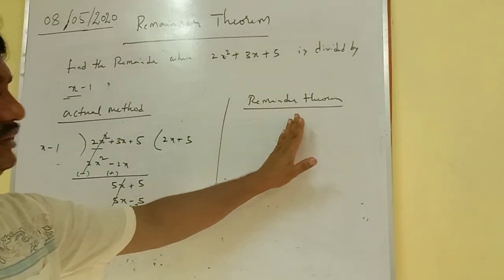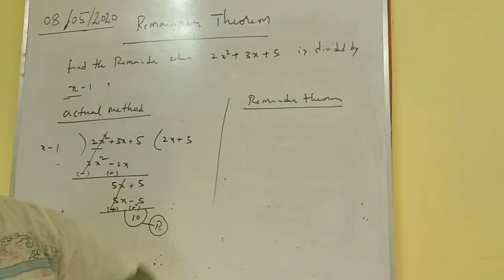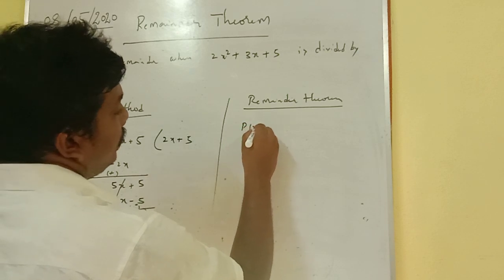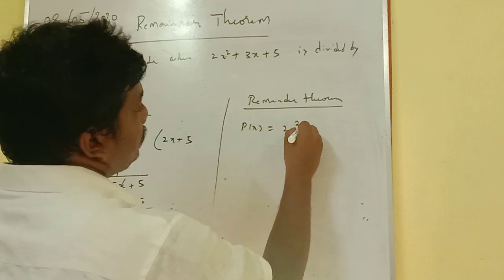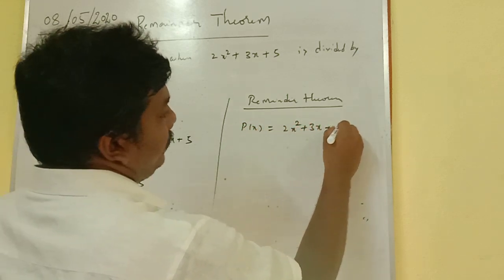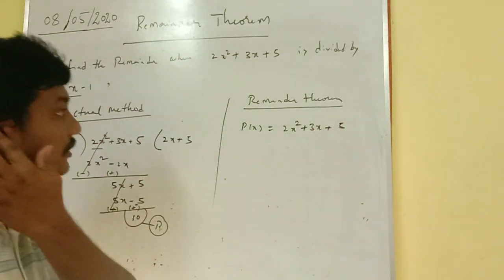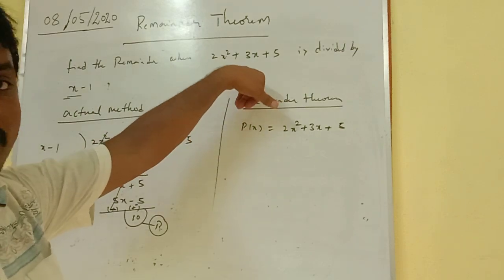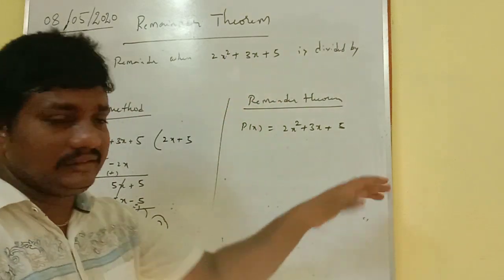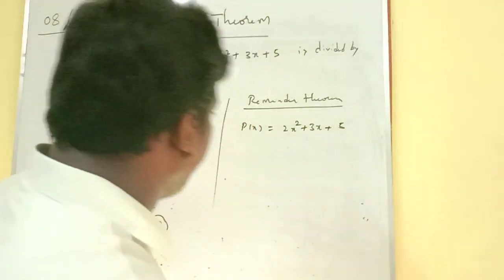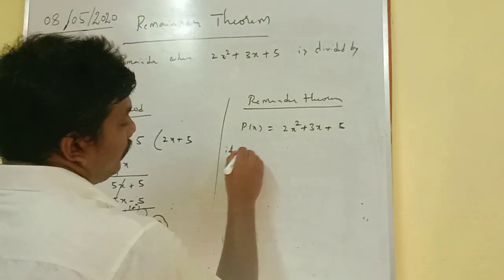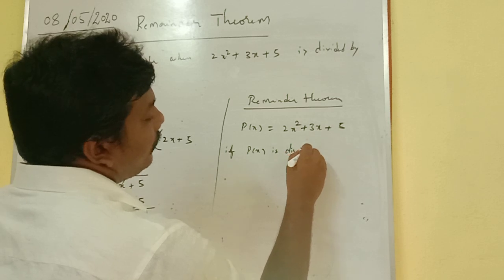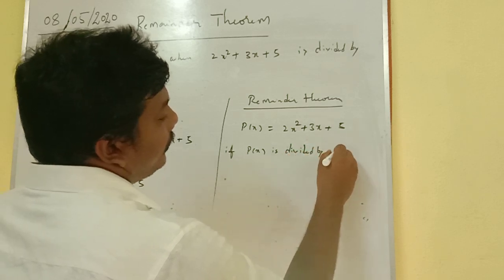But now we are going to see how to find the remainder by the remainder theorem method. Let P of x equal 2x square plus 3x plus 5. According to the remainder theorem statement, if a polynomial P of x is divided by the linear polynomial x minus a, then the remainder is P of a.